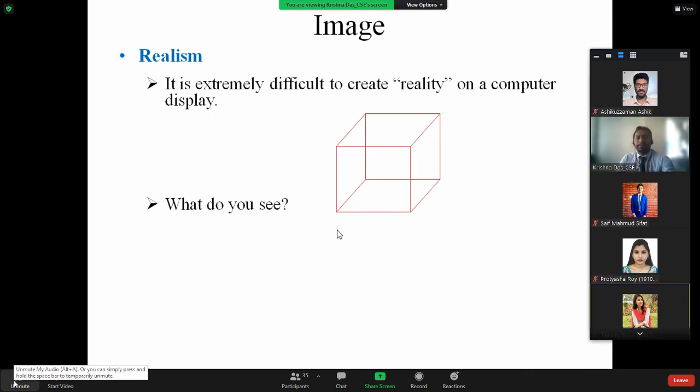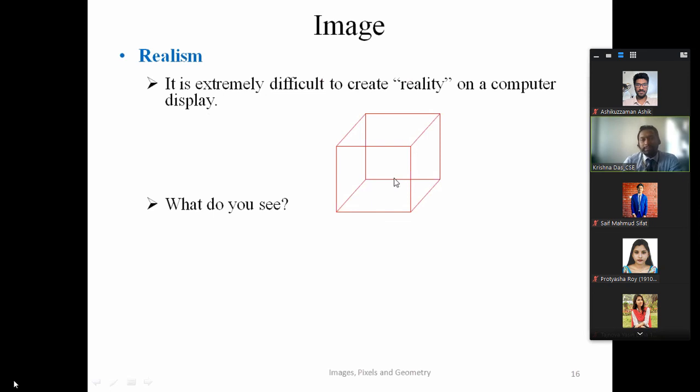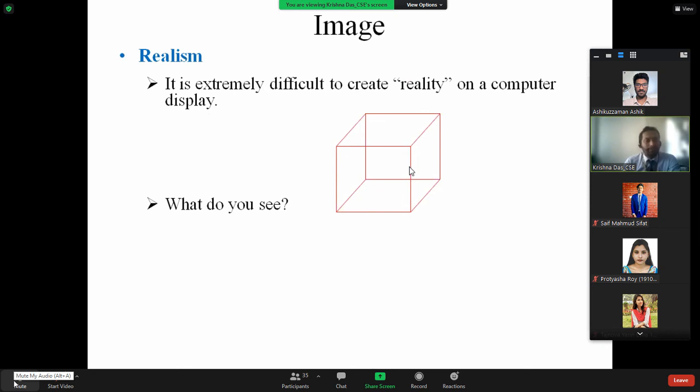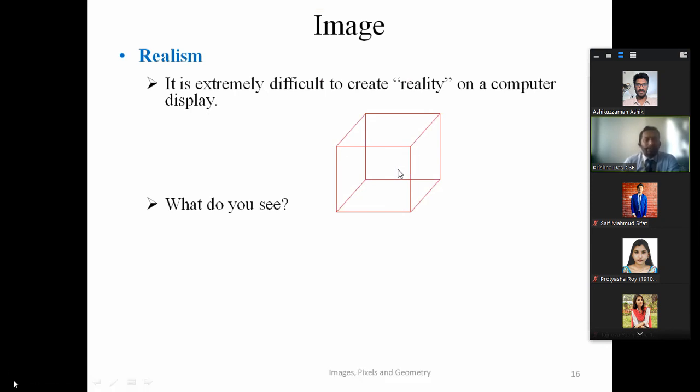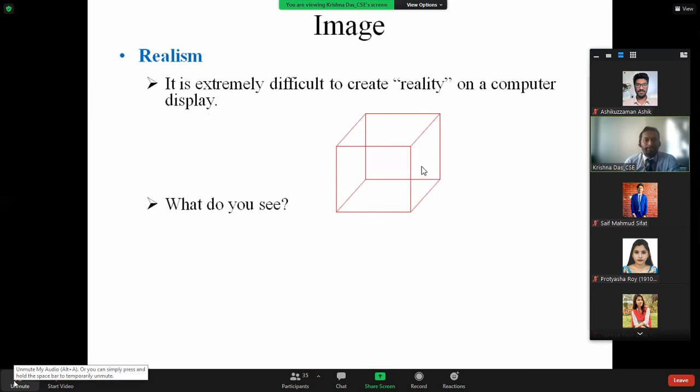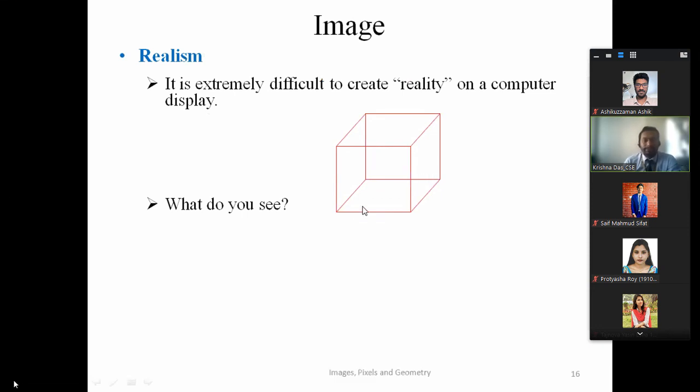Now, this image: what do you think the viewpoint is from where you are seeing it? We can see the top, right side and front. We can see a little bit of the top and side, right? If we consider that this is on the surface, maybe on the ground, then you are looking at it from the top.